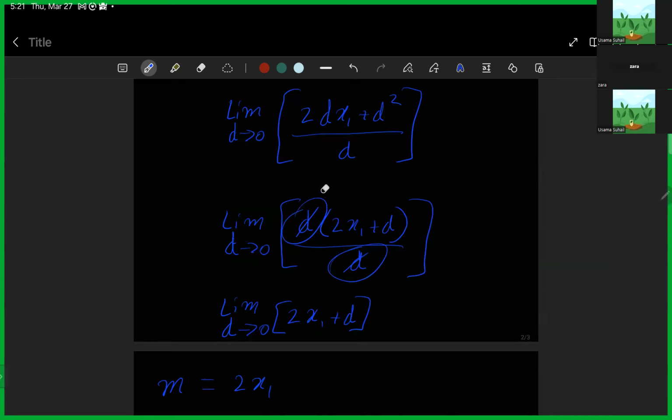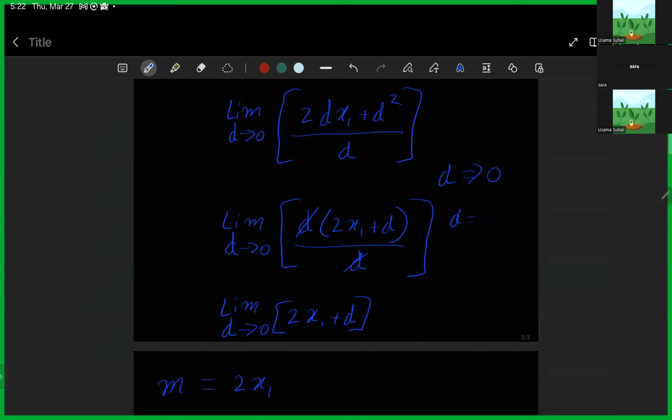Had d been equal to 0, we could not do this. But because we know that d is not equal to 0, it is approaching 0, that means the value of d is something. It's not nothing.